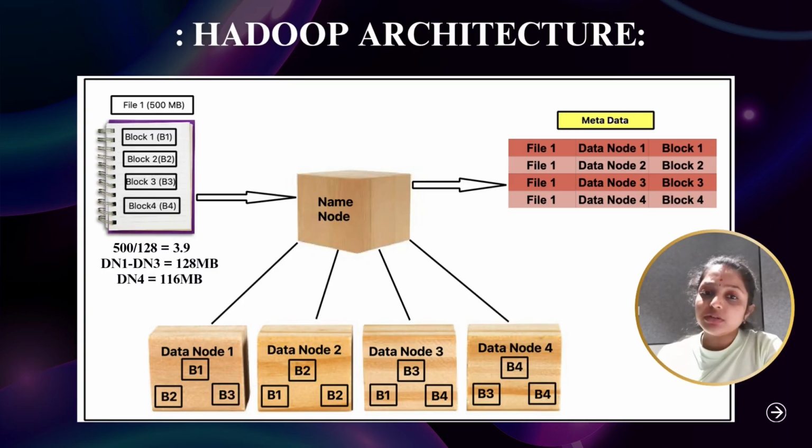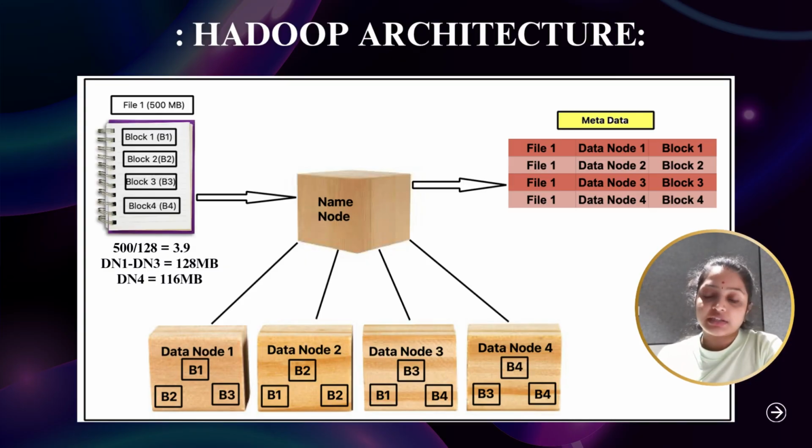So 3 data nodes will be of size 128 MB, and the fourth data node will be of size 116 MB. So the 4 means the file is divided into 4 blocks. As you can see here, the file is divided into block 1, block 2, block 3 and block 4. So these will be stored in data node 1 to data node 4.